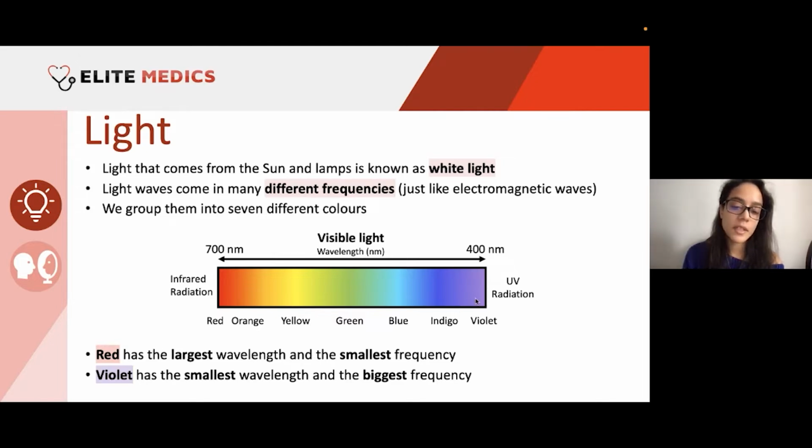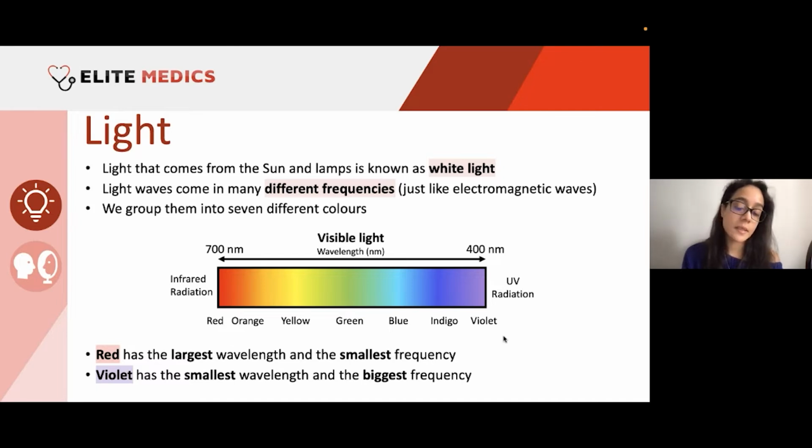You can think of it like this: frequency is just how many waves pass a point in 1 second. If the wave is really, really wide and it's got a large wavelength, you're going to have fewer waves passing through a point in, say, 1 second, because they're just so big.